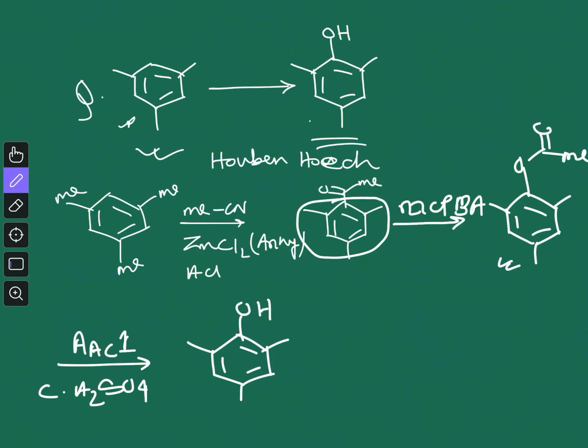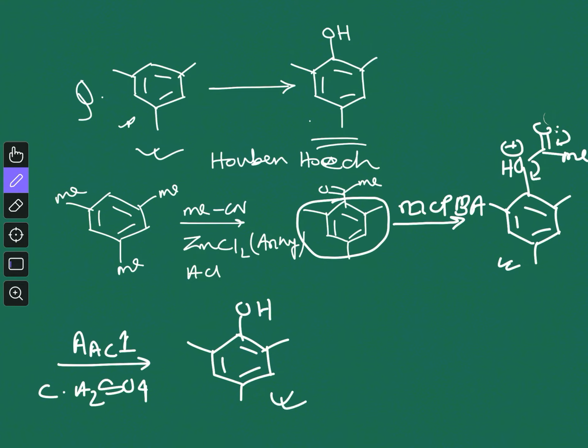In this mechanism, the protonation occurs over here first, and then proton exchange occurs. Now the proton will come here, and it will push and the group can easily leave. So this is the AAC1 reaction, and you will get this as your product.